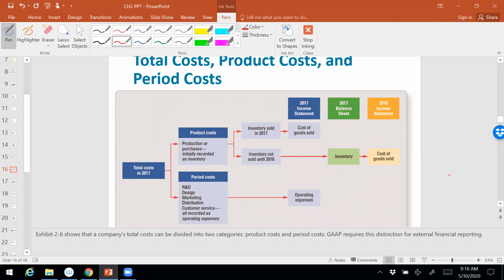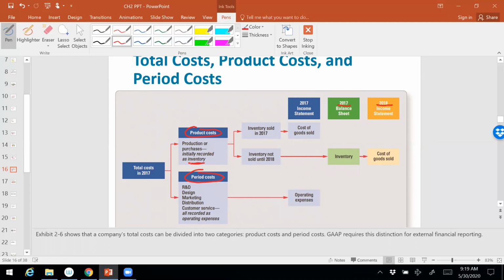This is a company. We look at the cost flow from 2017 to 2018. Make sure those are two different years. So I highlighted here to tell you those are two different years. And then in 2017, we separate the cost into product cost and period cost. We said product cost is just production or purchase, right? They are first initially recorded as inventory.